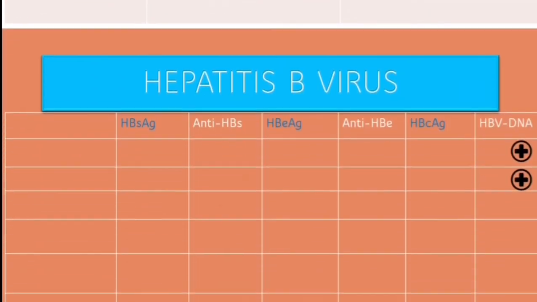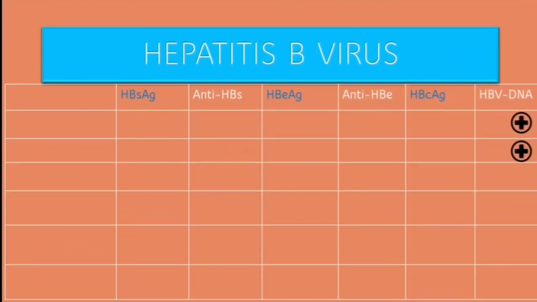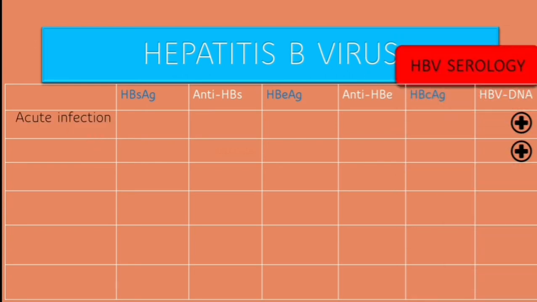So get ready. What I'm going to do is tell you the different stages of HBV infection. These include acute infection, window period, and resolved phase. If our body is unable to get rid of the virus, then it would persist into chronic infection.